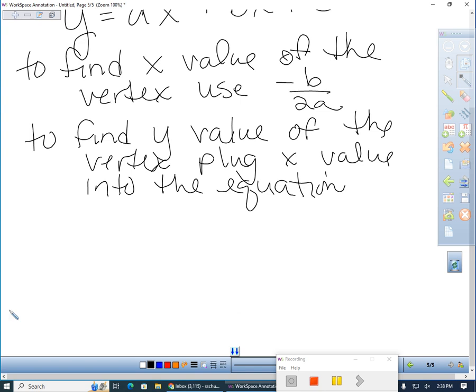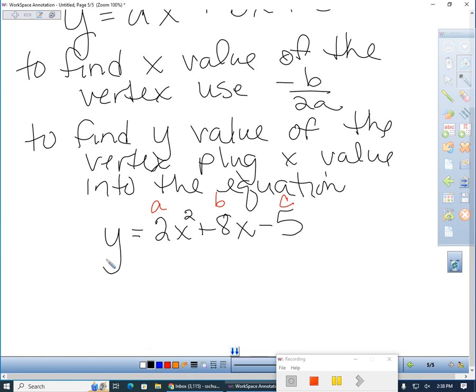If I have a quadratic in standard form, so y equals 2x squared plus 8x minus 5. That's in standard form. In standard form, this is my a value, this is my b value, and this is my c value.